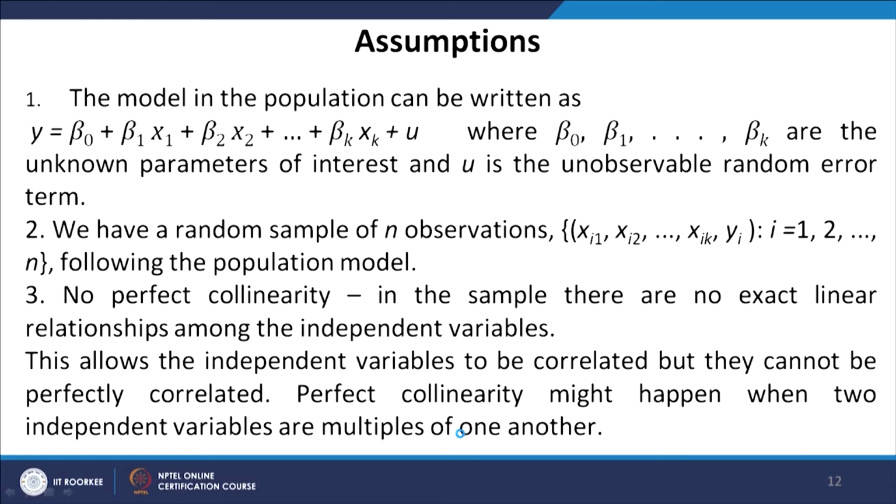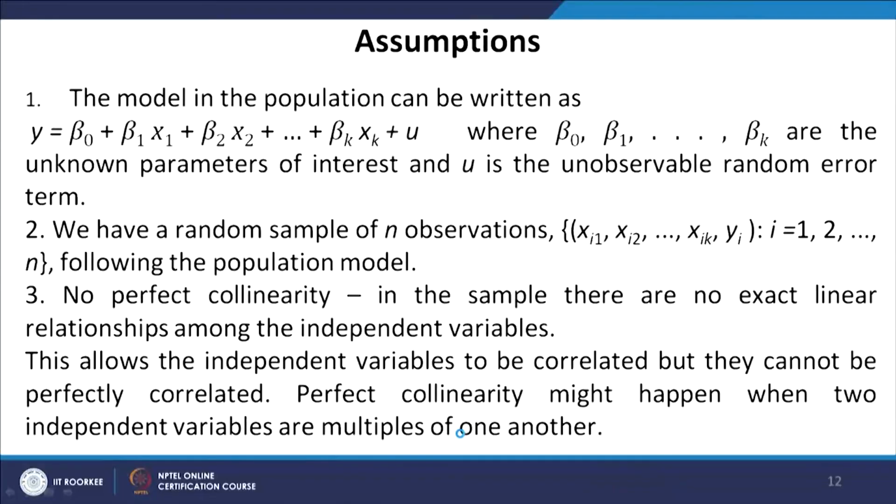For the time being, this simply assumes that there cannot be perfect collinearity among the independent variables, which essentially implies that one variable lies completely in the column space of another variable, or that one variable is 100% or fully explained by the other variable.